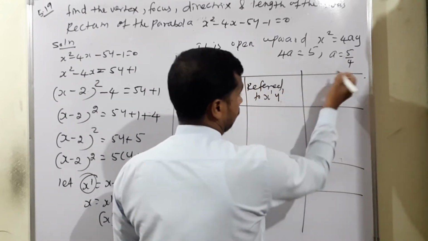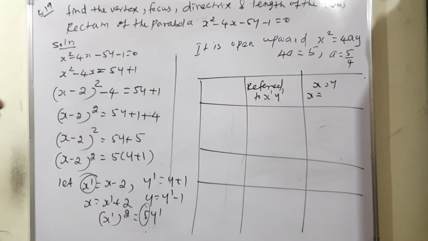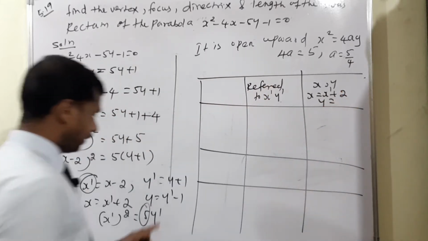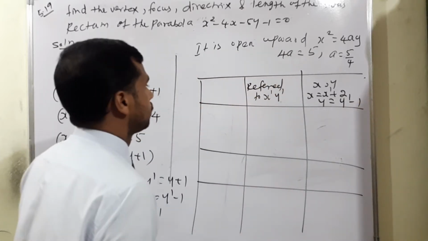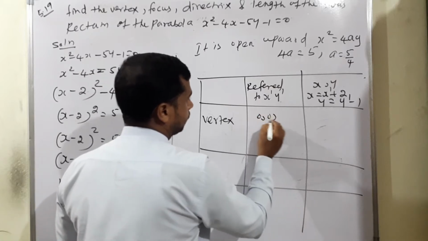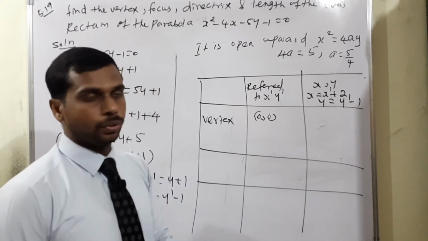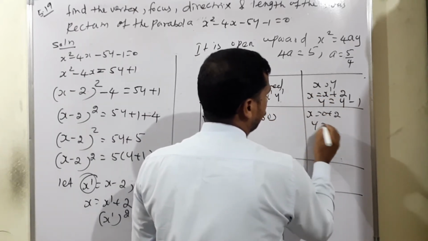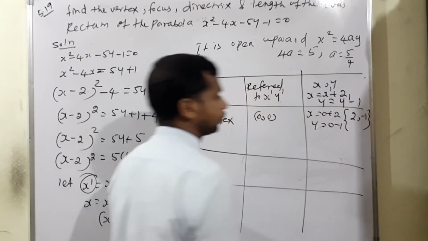The next column is x comma y, where x is equal to x dash plus 2 and y is equal to y dash minus 1. First, what we have to find out is the vertex, isn't it? Vertex 0 comma 0 means x dash is equal to 0 as well as y dash is equal to 0. Therefore x is equal to 0 plus 2 and y is equal to 0 minus 1. Therefore the vertex is 2 comma minus 1.